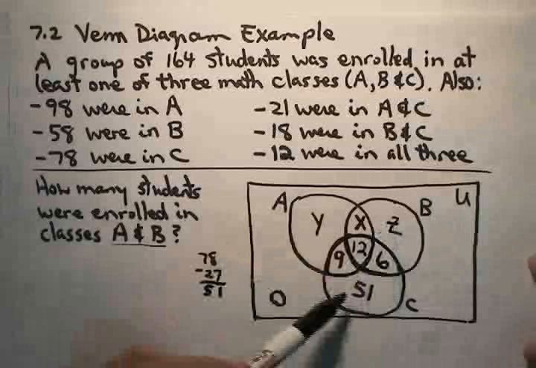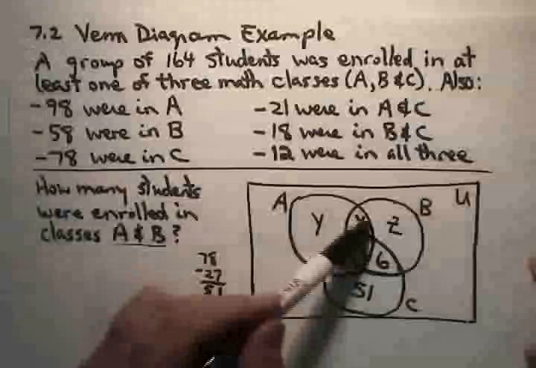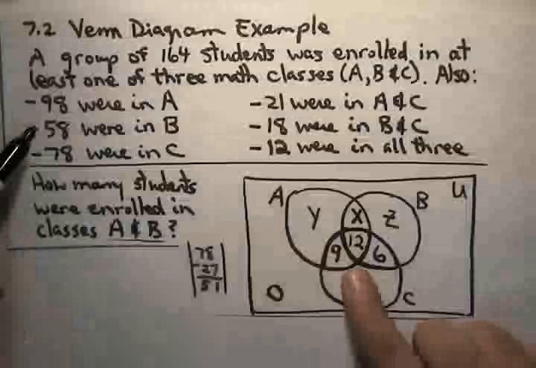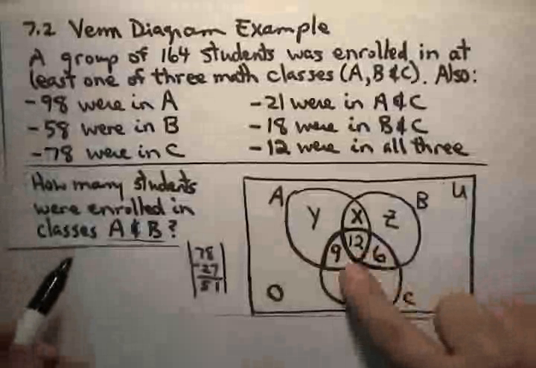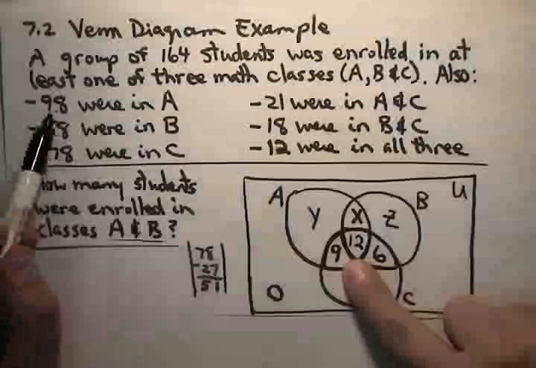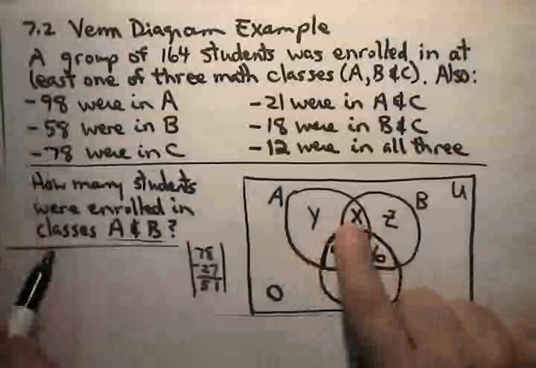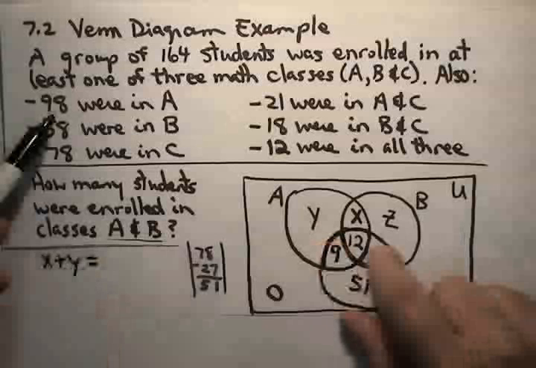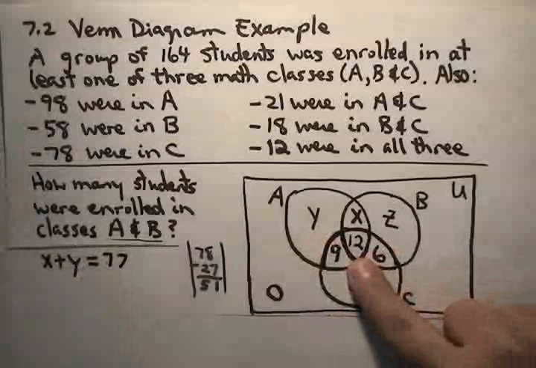I was able to get this 51 for C because I knew this piece and this piece, but for A and B, I don't know this value I'm calling X. I do know something about the situation, though. Since there were 98 students in A, and I've already accounted for 21 of those, 98 minus 21, which is 77, represents everybody else in A. And everybody else in A is X plus Y, so X plus Y is 77.